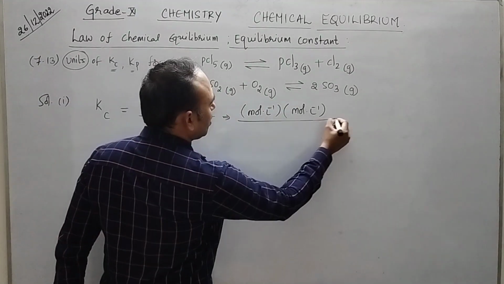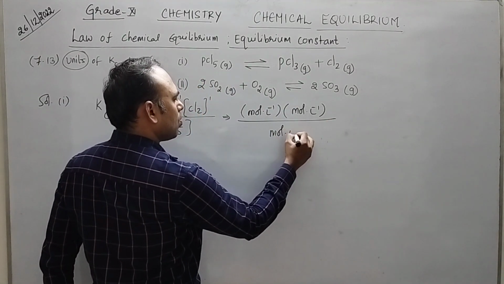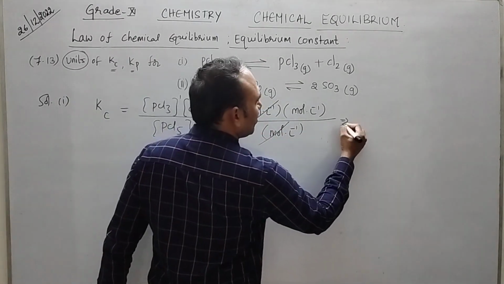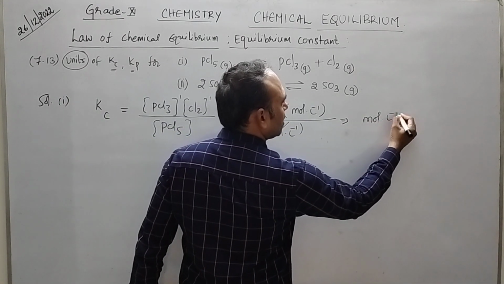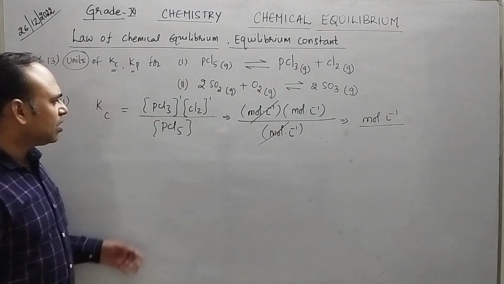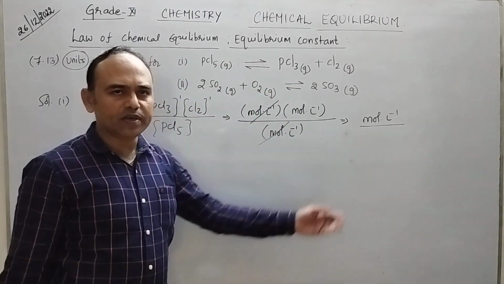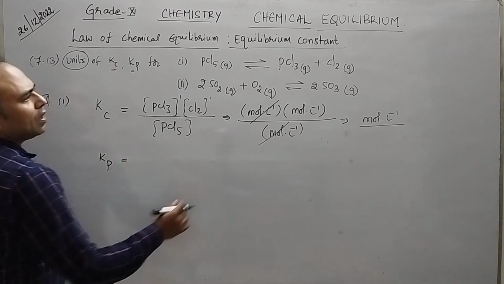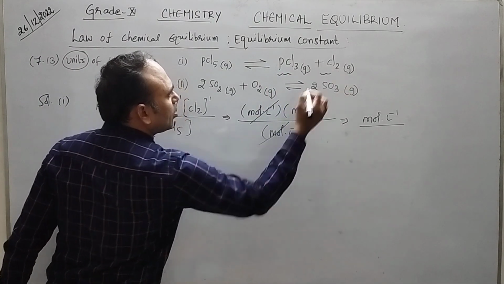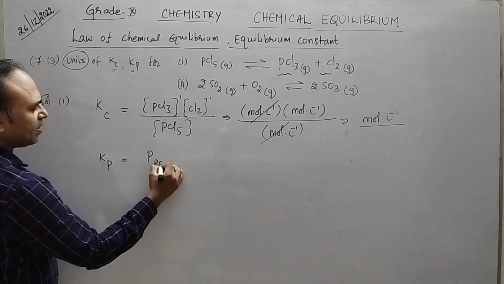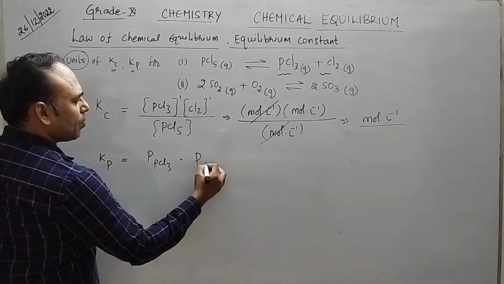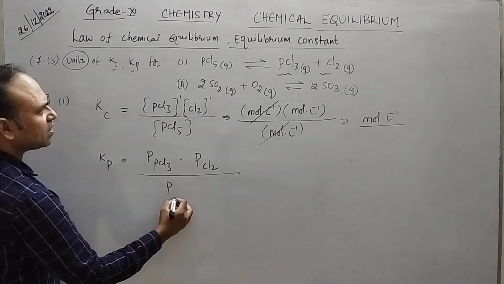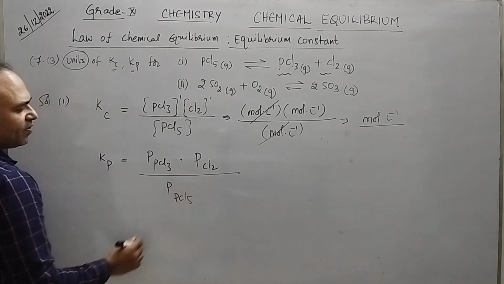Now here this is mole per liter, so you can cancel this, and what will be the final unit for this equation? It is mole per liter. So we got Kc as well as we got the unit. Now if you write down Kp for this, here you have two products, partial pressure of PCl3 into partial pressure of Cl2 divided by the reactant partial pressure, that is PCl5.